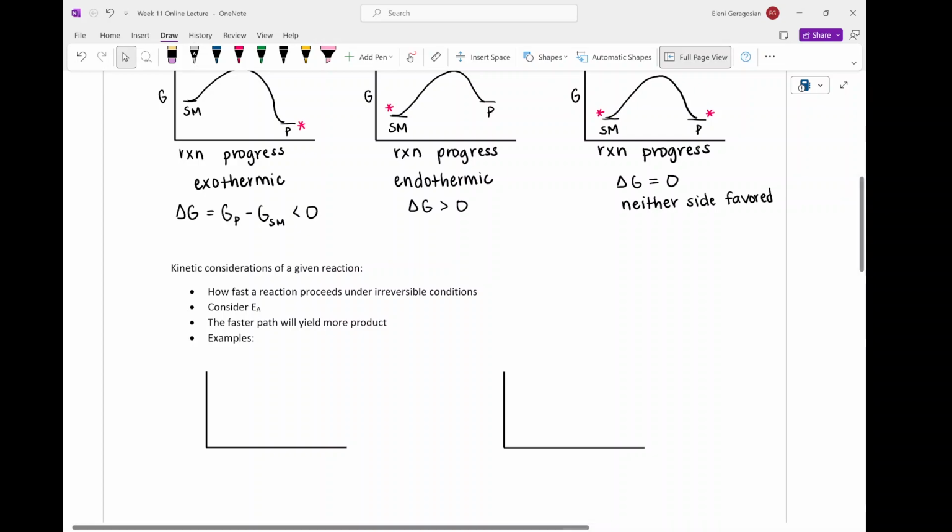Kinetic considerations are related to how fast a reaction proceeds. So thinking about reaction rate, here we're focused on activation energy. So let's say we have a reaction that can form two possible products. We still have G and reaction progress.